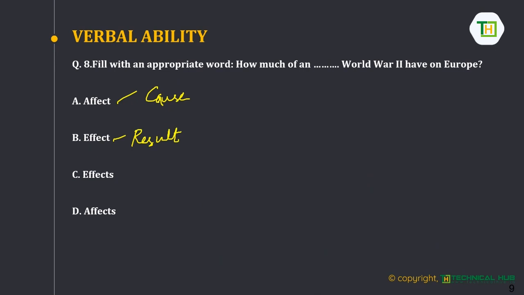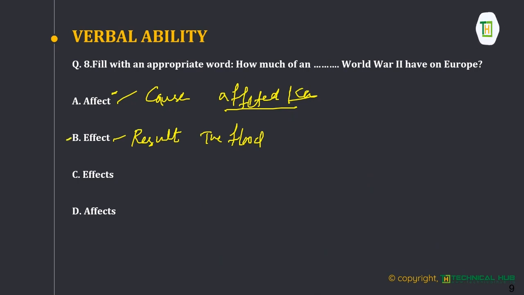Okay, so heavy rains affected Kerala. Then what is the result? The floods, or Kerala was affected by the floods. I'm talking about this. Okay, this is the result and this is the cause. Please try to understand. So, yeah, appropriate.